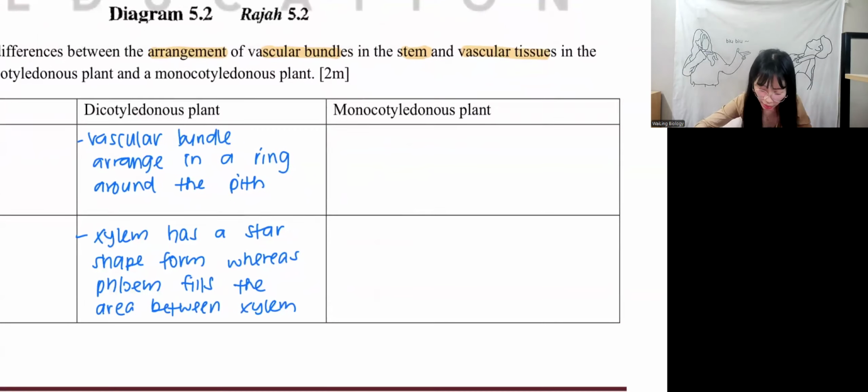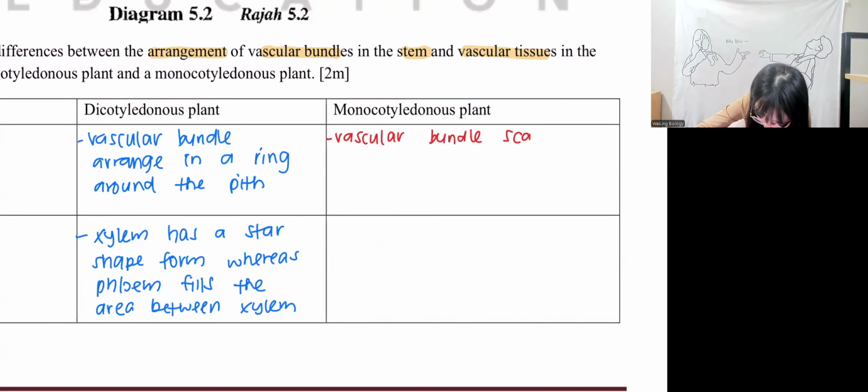So monocot, we're going to say vascular bundle scattered throughout the stem.